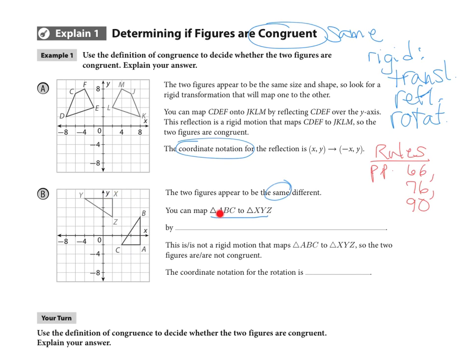So that's A to X, then B is the top corner, which gets mapped to Y, and C is the left corner, which gets mapped to Z. It's important that you know the order of these letters is significant. So the question is, which one of these rigid transformations moves ABC to XYZ?